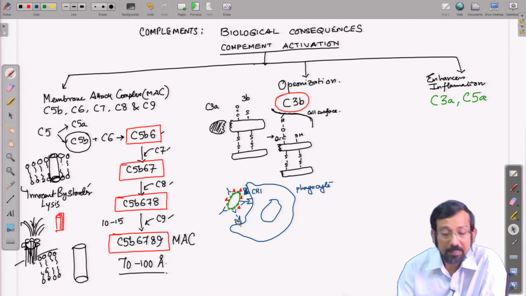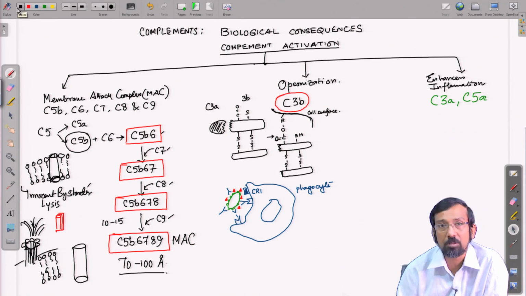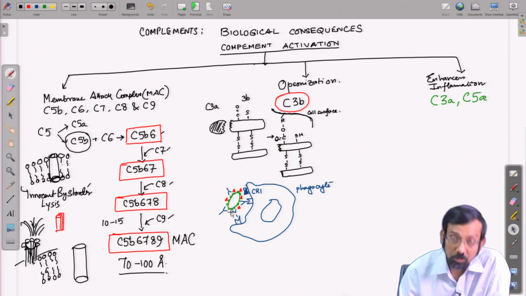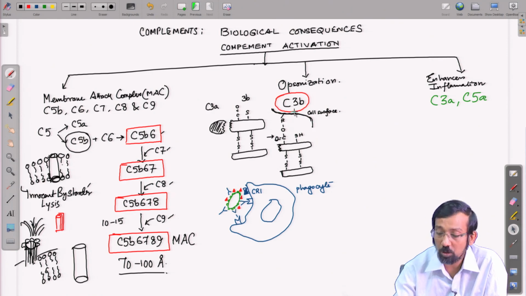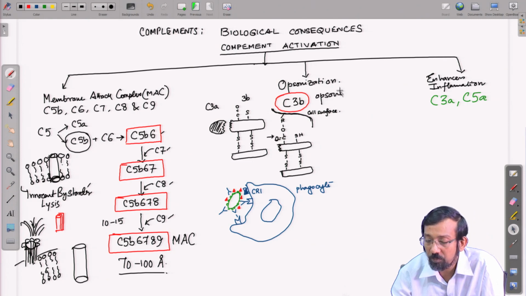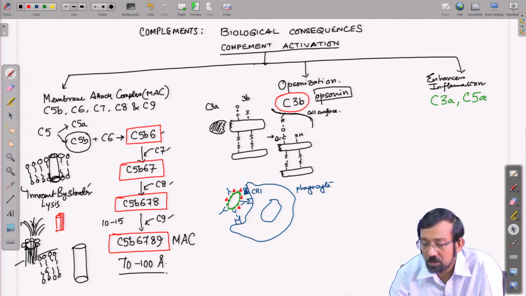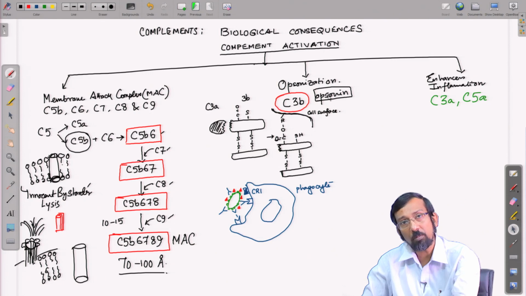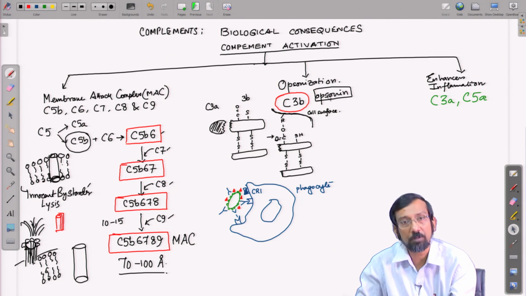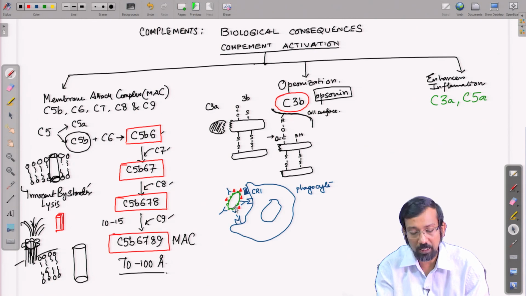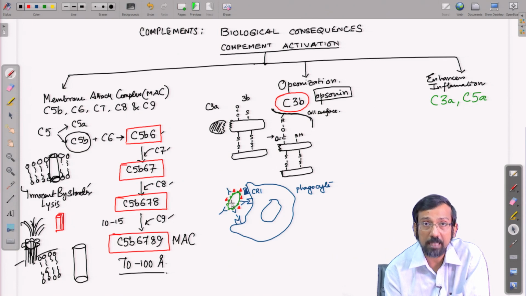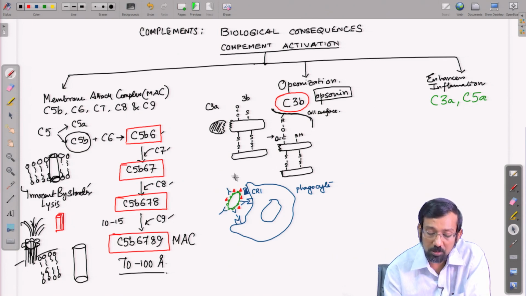So, when these two reactions occur together, when there is an antibody binding to the surface of the target cell, as well as the C3b molecule, which is also known as an opsonin because of its opsonization function, these C3b molecules coat the surface of the pathogen, and the antibodies which are formed also coat the surface of the pathogen.